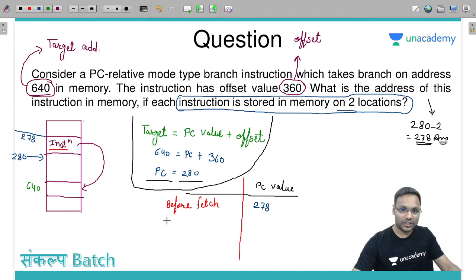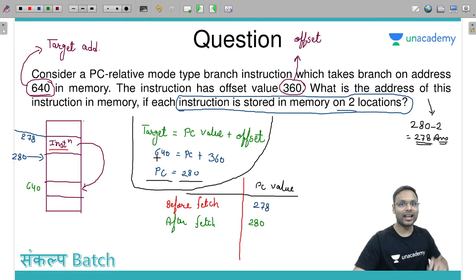As soon as instruction fetch is done, can you tell me what will be the PC value after fetch? 278 plus 2, 280. Only then did you use this 280 and compute 280 plus 360 as the target.